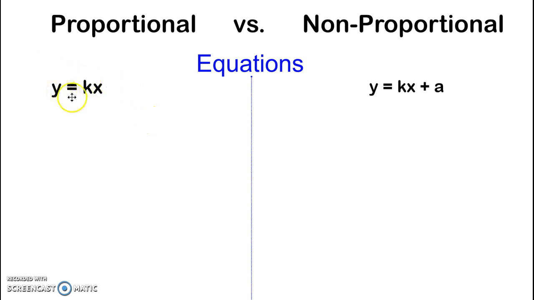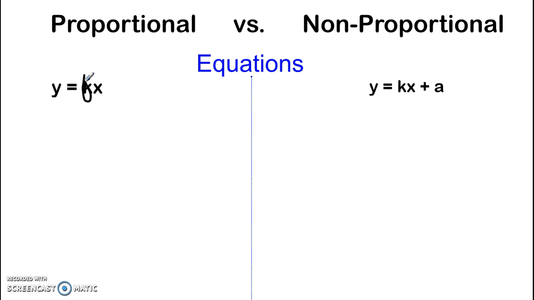This y equals k times x is what we call a proportional equation because it's always going to be consistent. The k value is the constant of proportionality, and when you have that, you can easily determine what the rate is or the cost per item, so on and so forth.